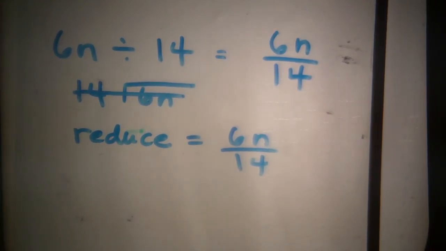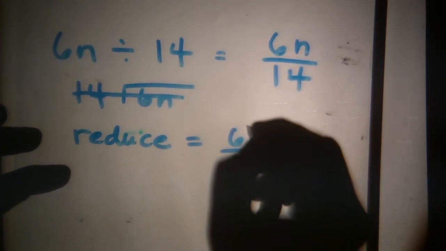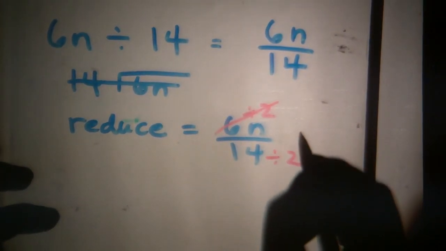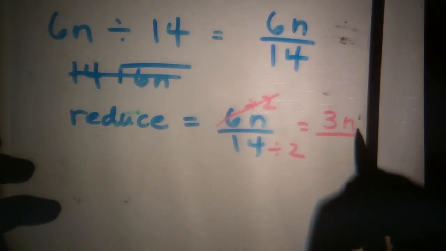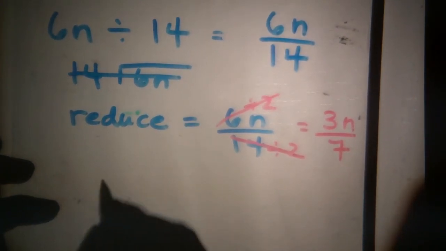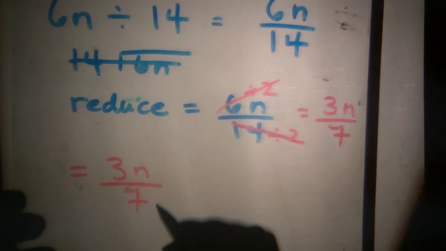Can I divide them by 2? 6 is an even number, 14 is an even number. I can divide them both by 2. Dividing 6 by 2 equals 3. Don't forget to bring over the n. Dividing 14 by 2 is 7. Your answer is 3n over 7.